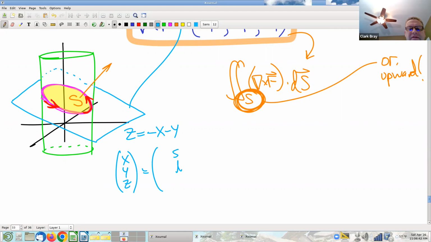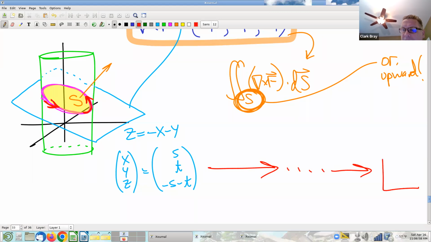So s, t, negative s minus t. My graph parameterization, take the various partials, blah, blah, blah, check and make sure that it's oriented correctly. Make sure that it is indeed oriented upward.